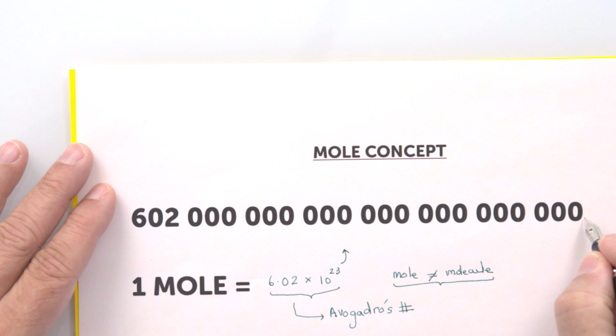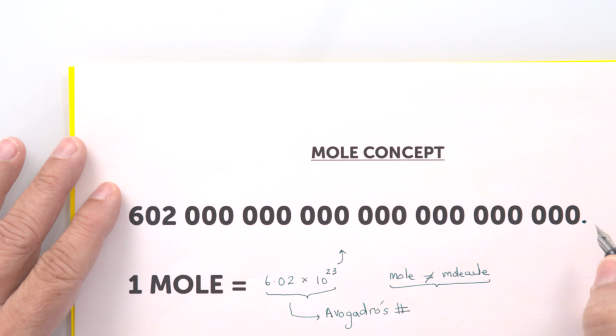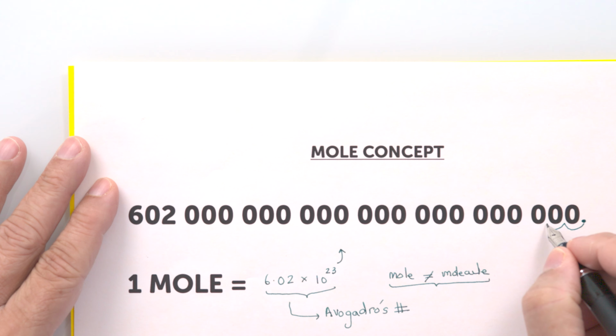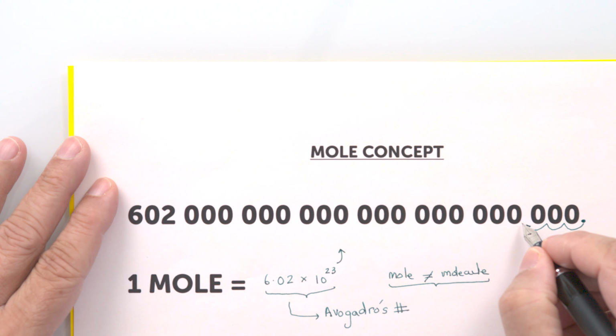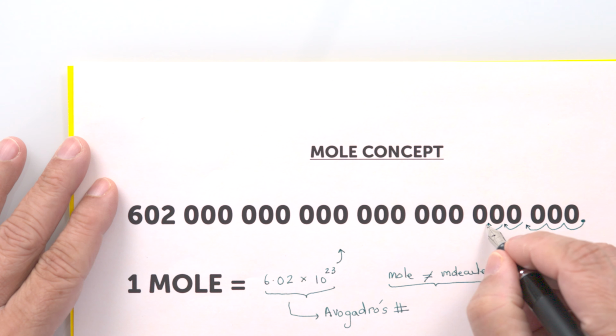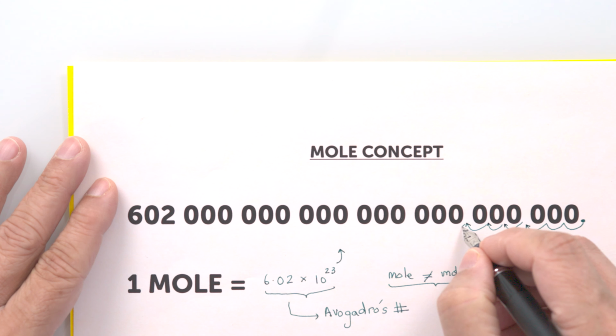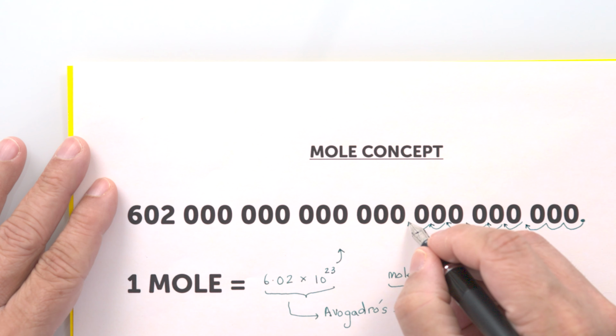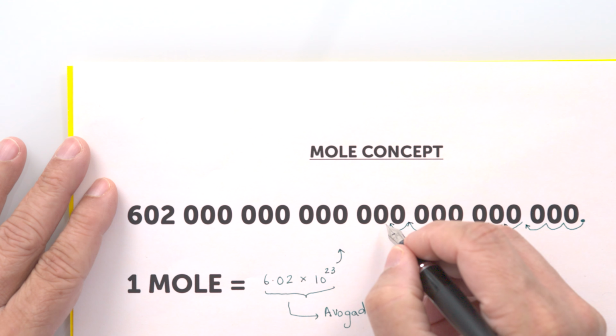So your decimal is sitting right here, and your goal is to move that decimal all the way over until the decimal lands in front of the first non-zero number that shows up.